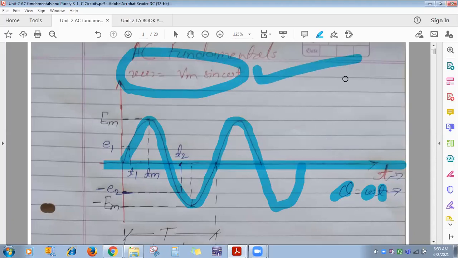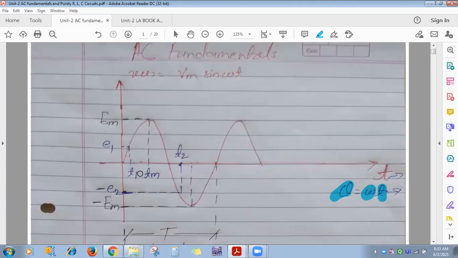You will find this waveform is symmetric about the x-axis. It has the first positive peak at 90 degree and the first negative peak at 270 degree, and at 0, 180 and 360 degree the value is 0.